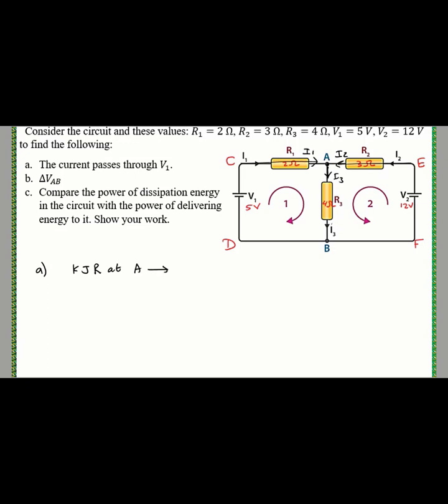Now, summation I in equals summation I out. So I1 plus I2 equals I3, and we can put it in this form: I1 plus I2 minus I3 equals 0. This is our first equation.